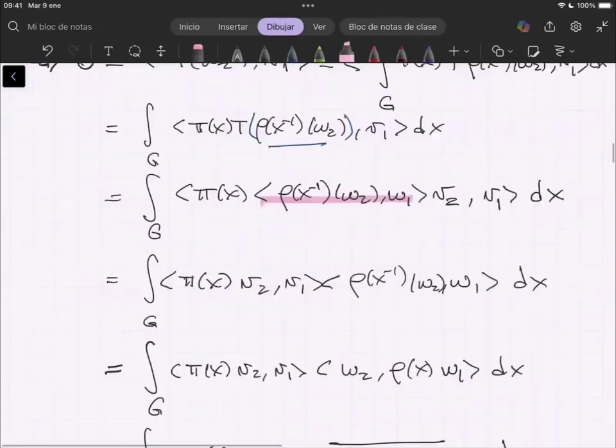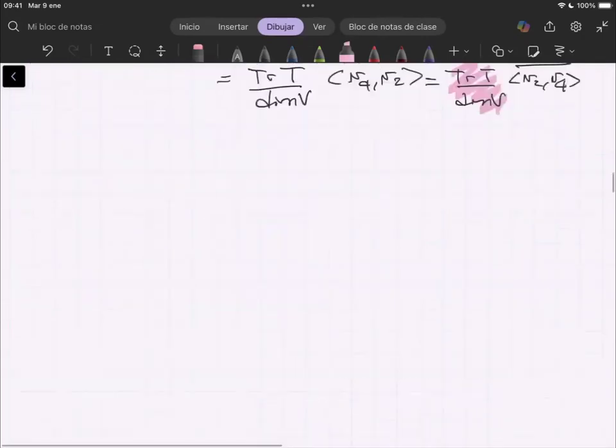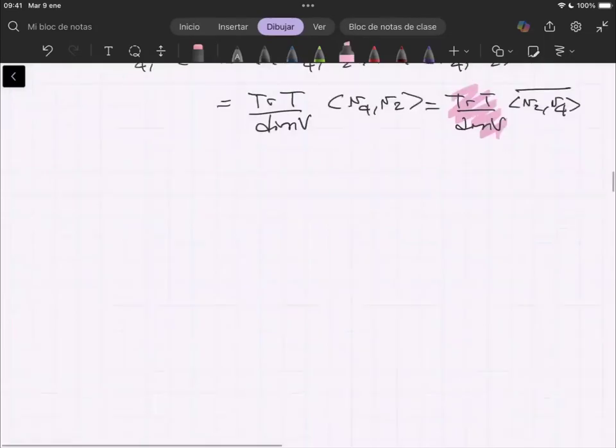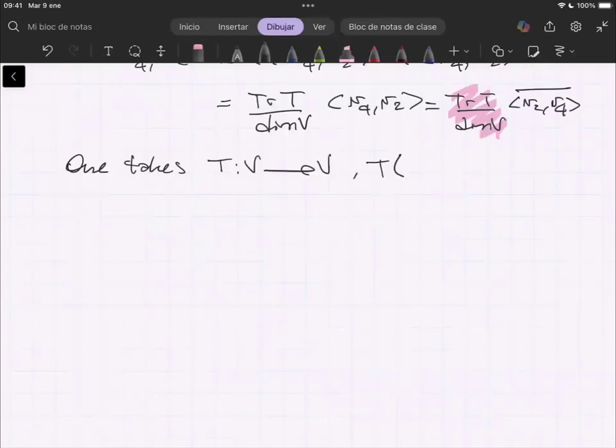So now the idea is this thing, map accordingly, yes? And the linear map that one takes, T of one vector, is just the inner product of this against one vector that we call V3, and another vector that we call V1.